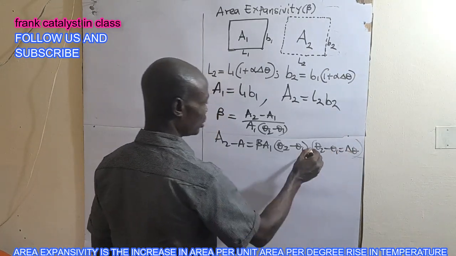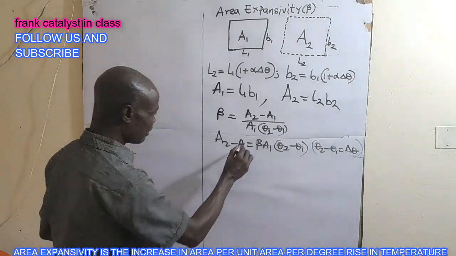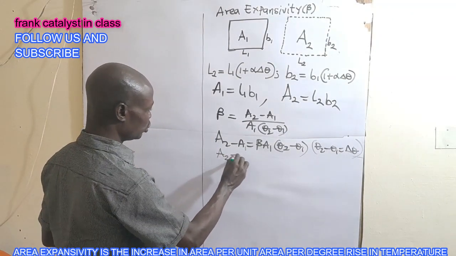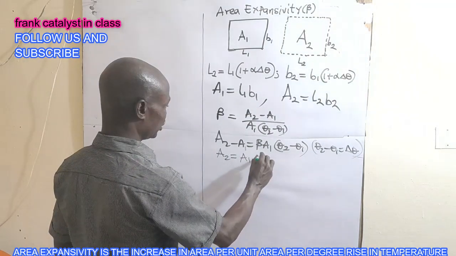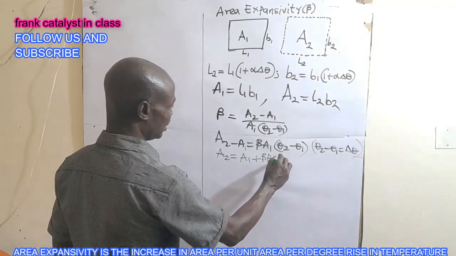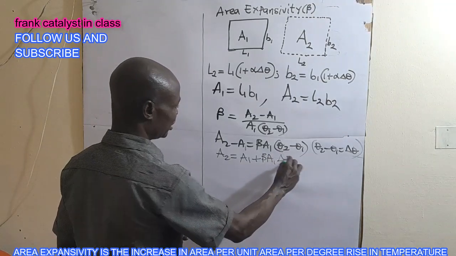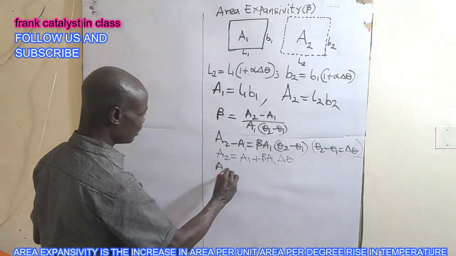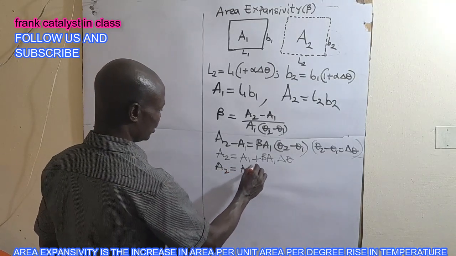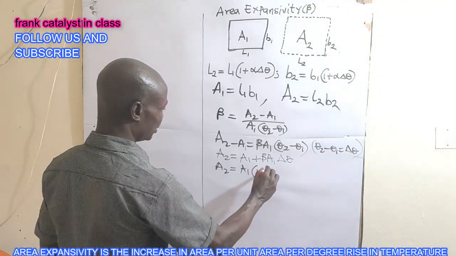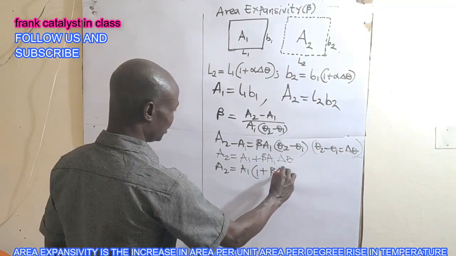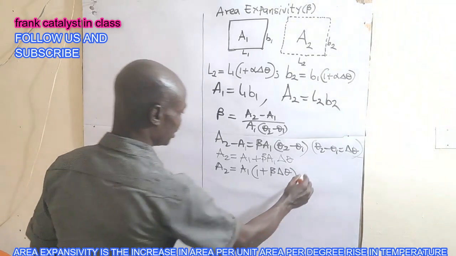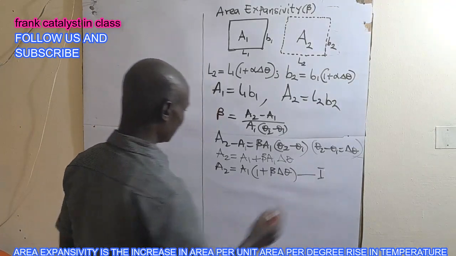So we now have that area 2 is equal to area 1 plus beta area 1 change in theta. Factorizing, we have area 1 bracket 1 plus beta change in theta. So this is going to be our first equation.